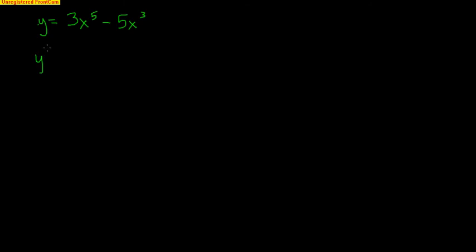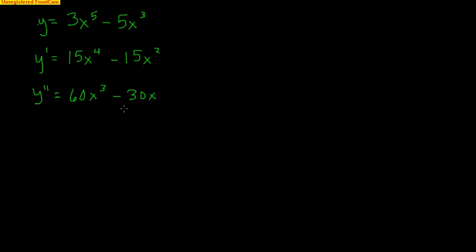So the first derivative is going to wind up being 15x to the 4th minus 15x squared. And my second derivative is going to wind up being 60, 4 times 15, x cubed minus 30x.